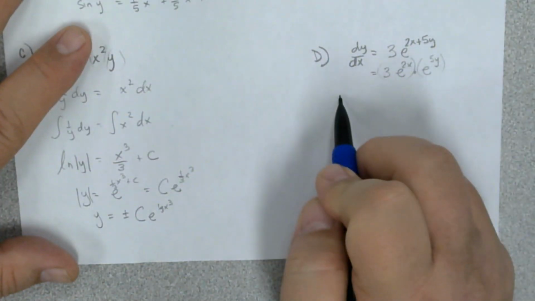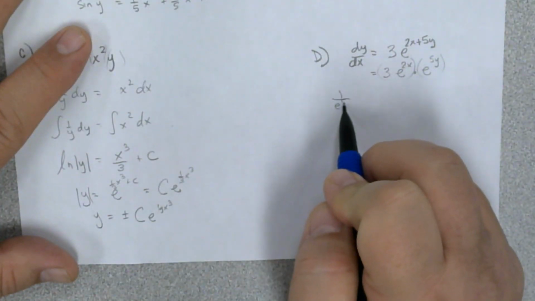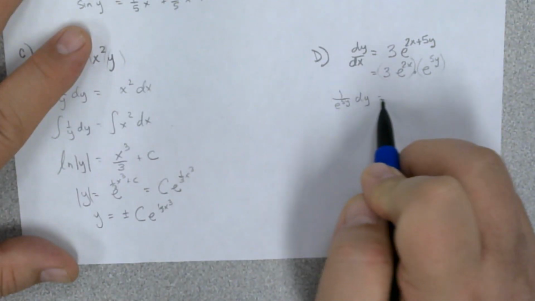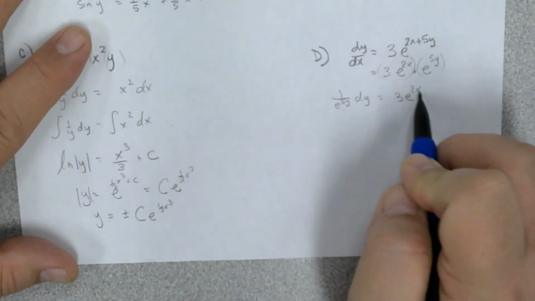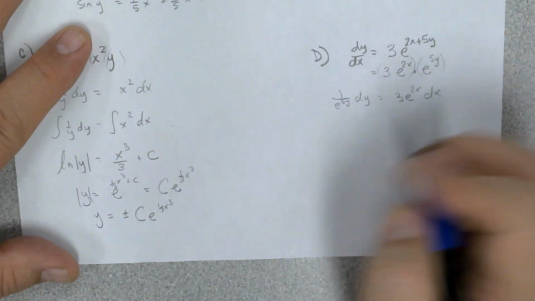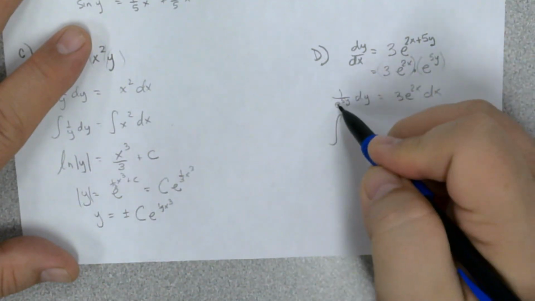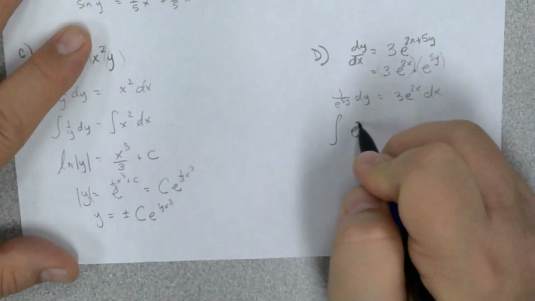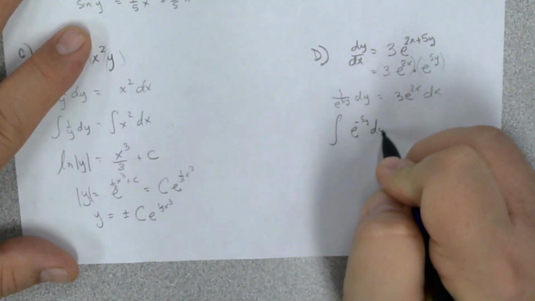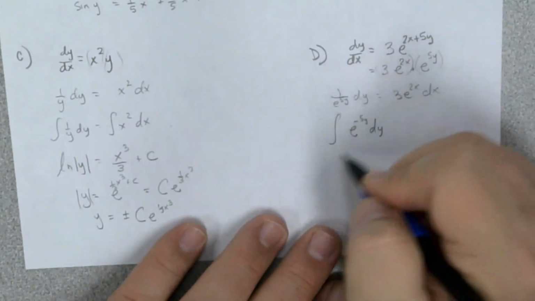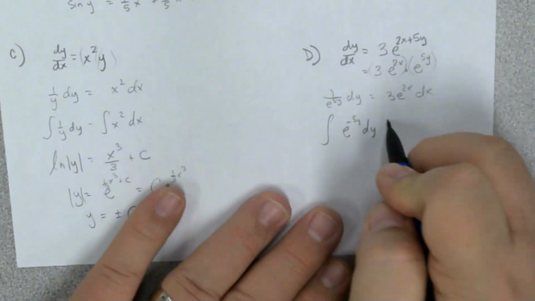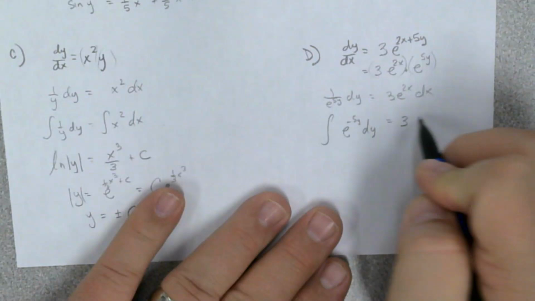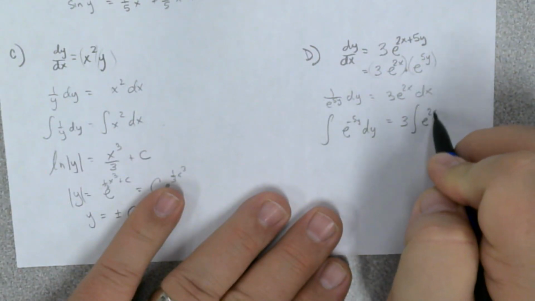So 1 over e to the 5y dy, 3 e to the 2x dx, and then we're going to integrate this, and when I integrate this, I'm going to bring this up to the top as a negative exponent. I want to do all the stuff I need to do to get it set up to integrate. And then here's a 3, which will be out in front. I'm going to integrate e to the 2x dx.